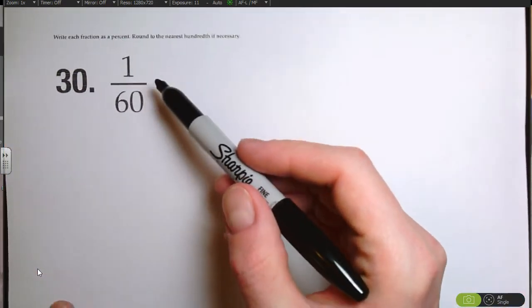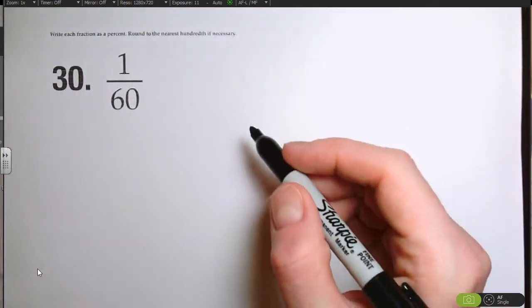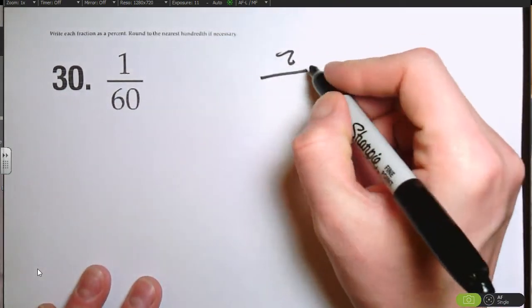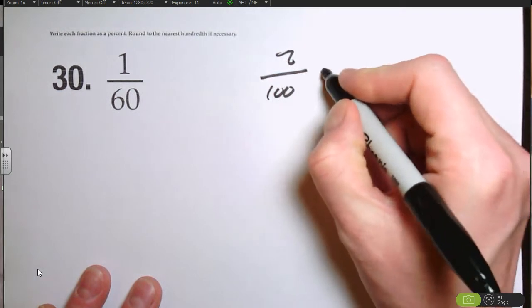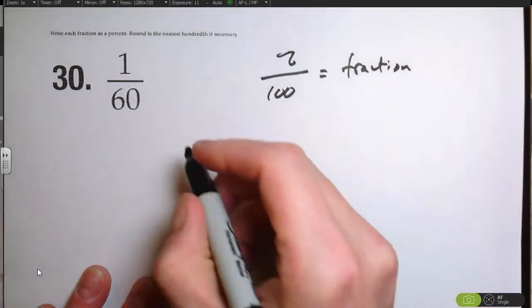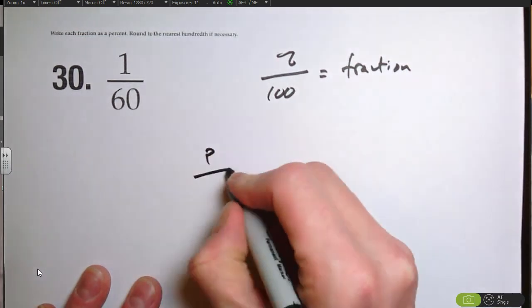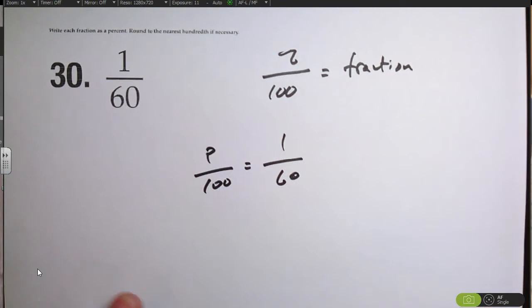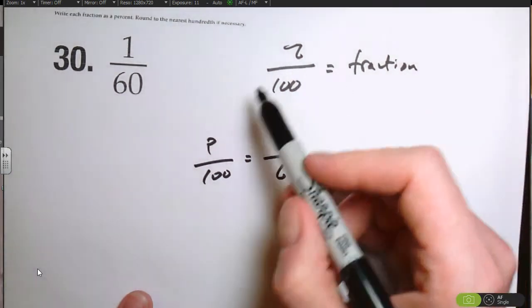Write this fraction as a percent, round to the nearest hundredth if necessary. Okay, so again, our formula is, or kind of formula, percent over 100 is the fraction. So let's call it P over 100 equals 1 over 60, because again, the percent, I don't know it.